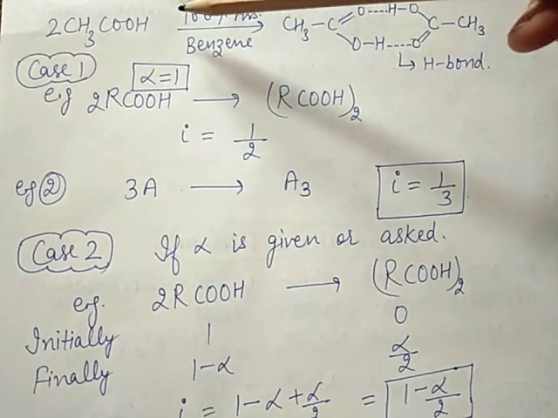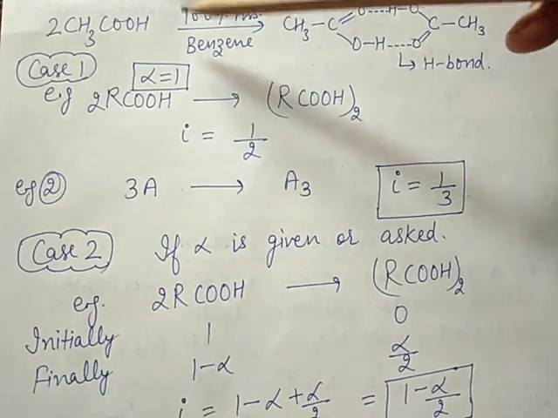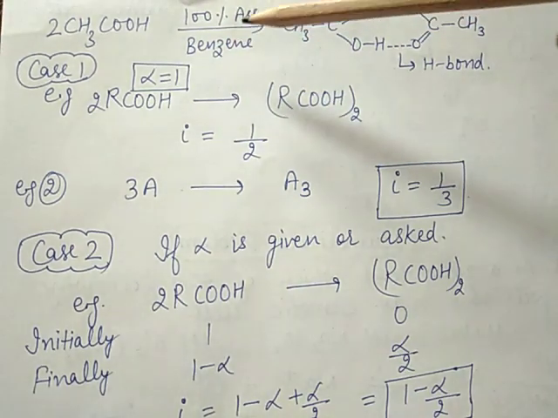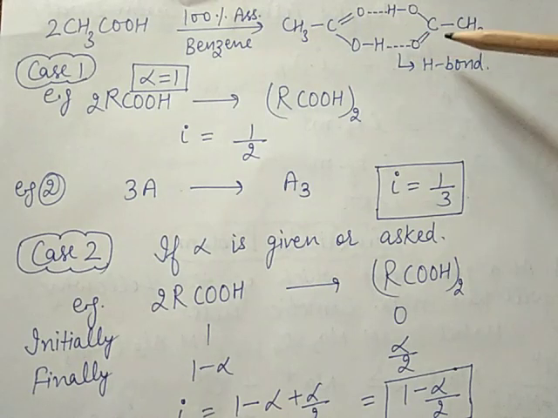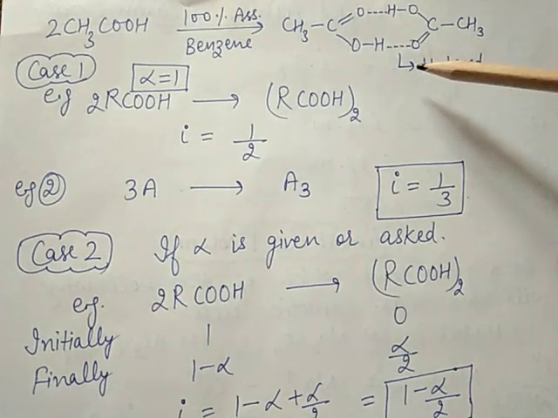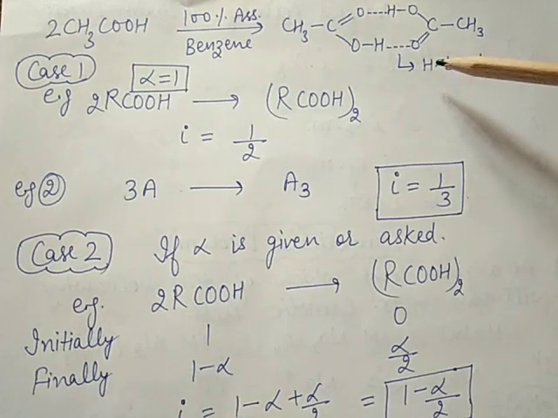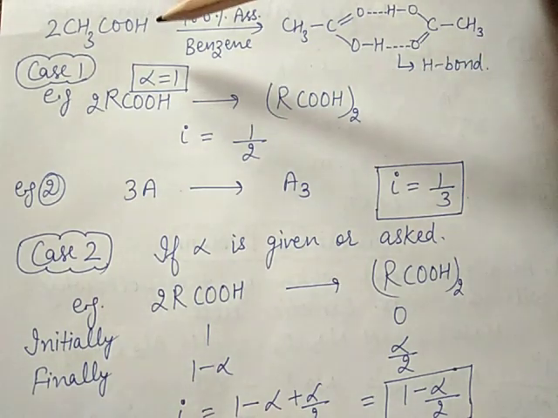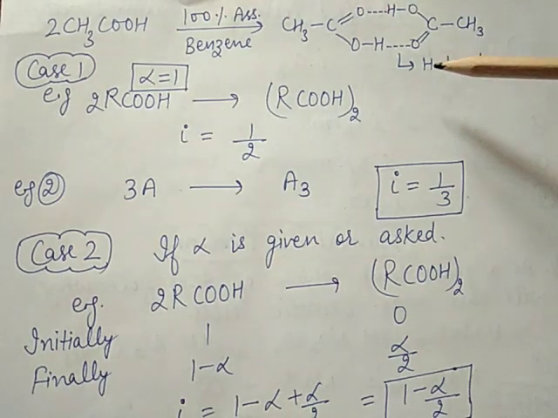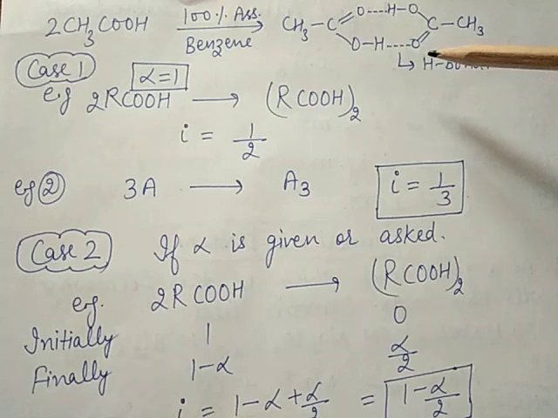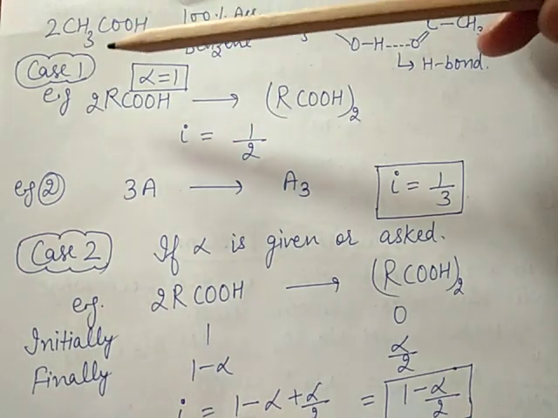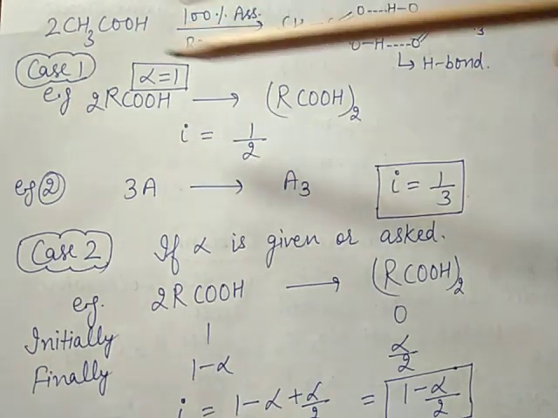For example, when ethanoic acid is dissolved in benzene, it undergoes dimerization and shows the molecular mass 120. Means its normal molecular mass is 60, but after dimerization it is double, means 120. Here take case number 1.